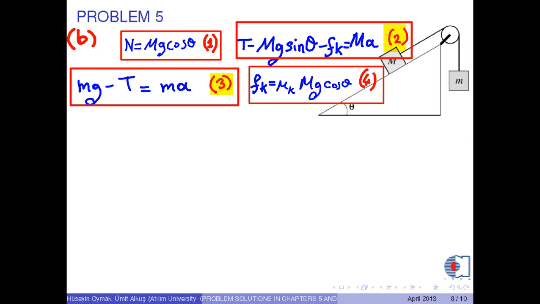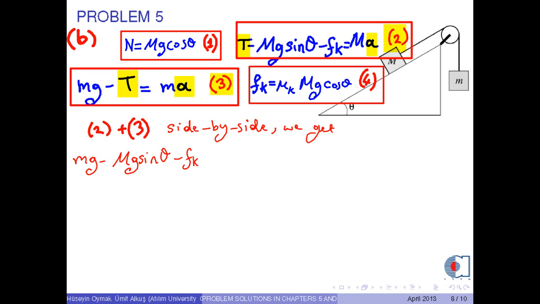Here we have two equations of motion and two unknowns, which are tension T and acceleration a. To find an expression for a, we eliminate T by adding equations 2 and 3 side by side. As a result, we get small m times g minus capital M times g times sine theta minus fk, which is equal to capital M plus small m times a.